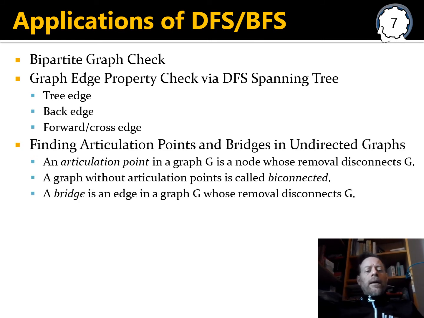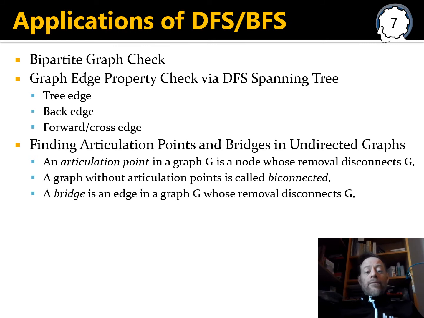And then there's something called an articulation point. An articulation point is a node in a graph such that if we remove this node, then the graph will be disconnected, so that you cannot go between the two different parts of this graph.